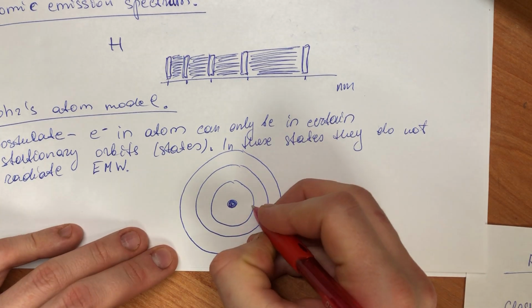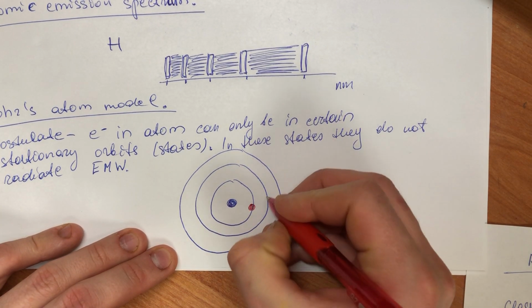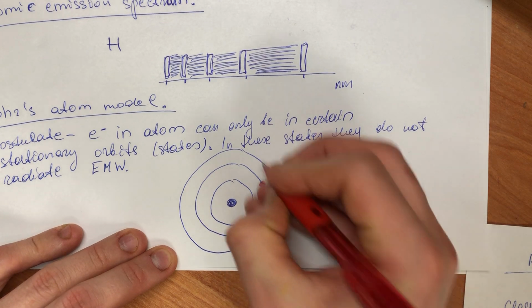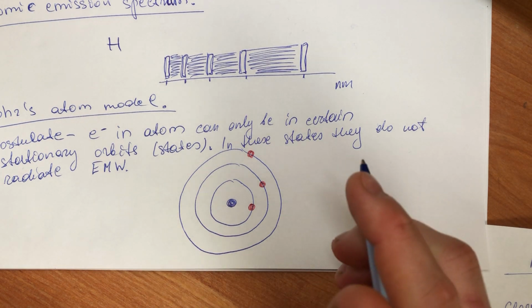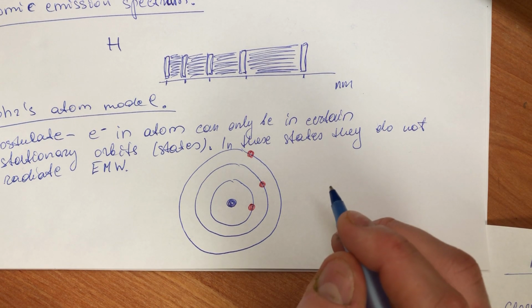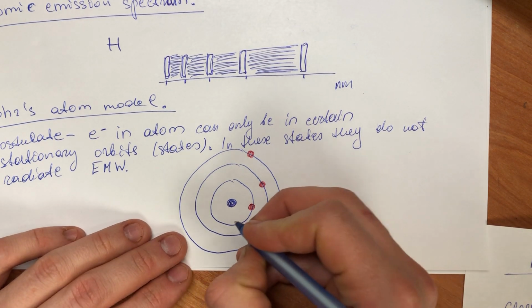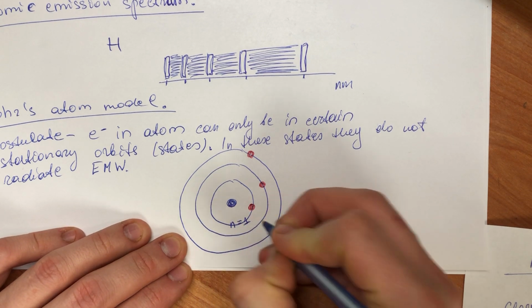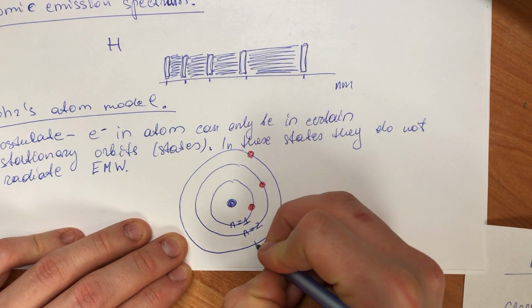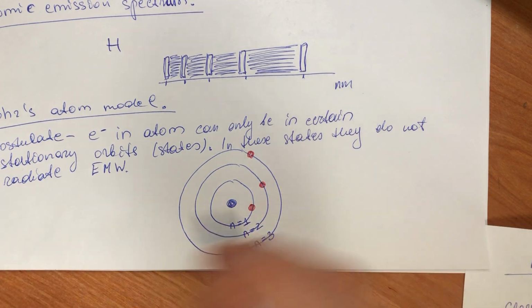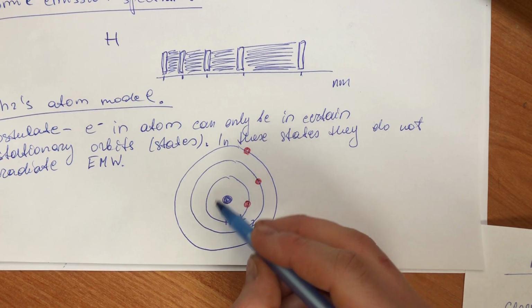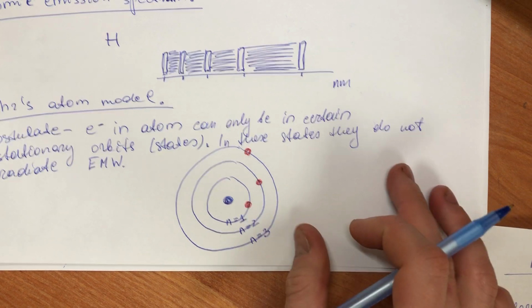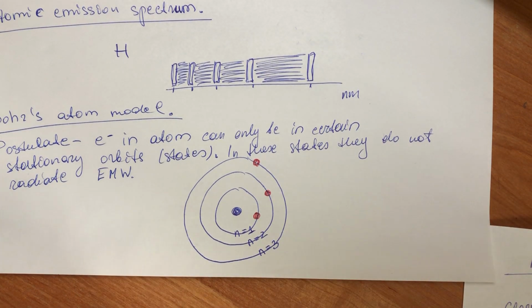We can say that we have one electron here, another electron here, another electron here, so this would be N1, the number of these states, N2 and N3. These are the states of energy, and if an electron is in these orbits, in these states, it doesn't radiate electromagnetic waves.